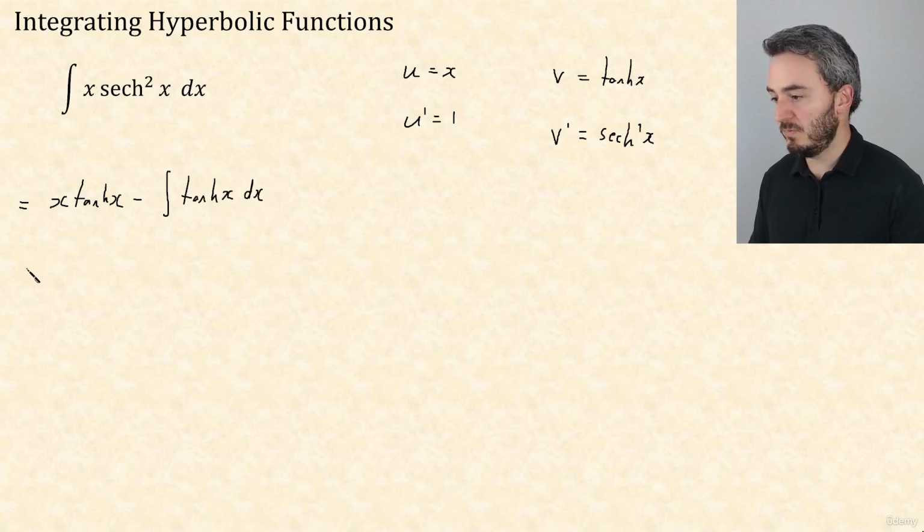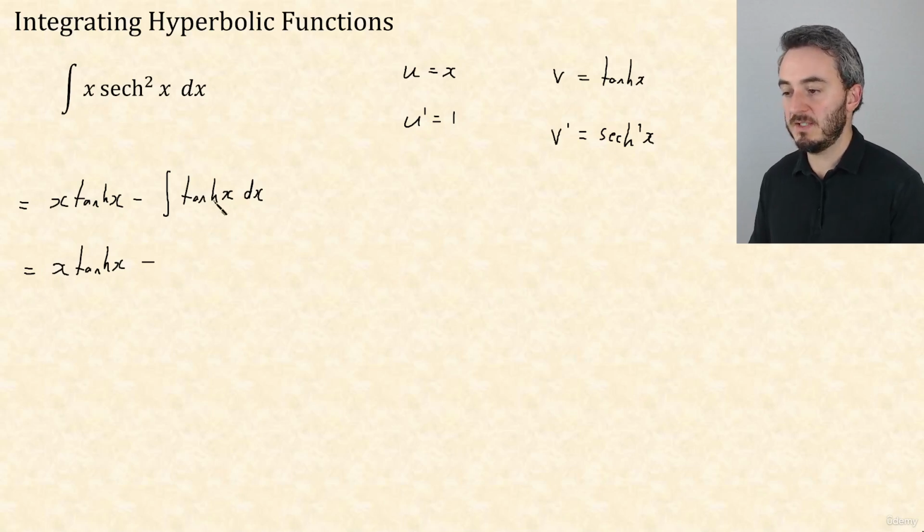We saw a couple of videos back that the integral of tanh x is ln cosh x. The reason for that is that tanh is sinh over cosh, and sinh is the derivative of cosh. So ln cosh x plus c.